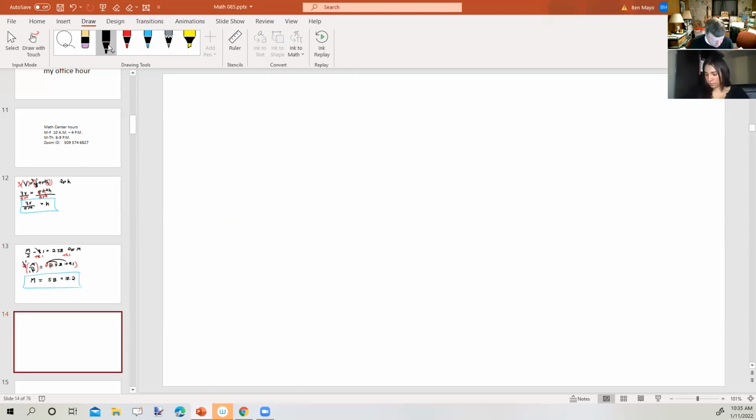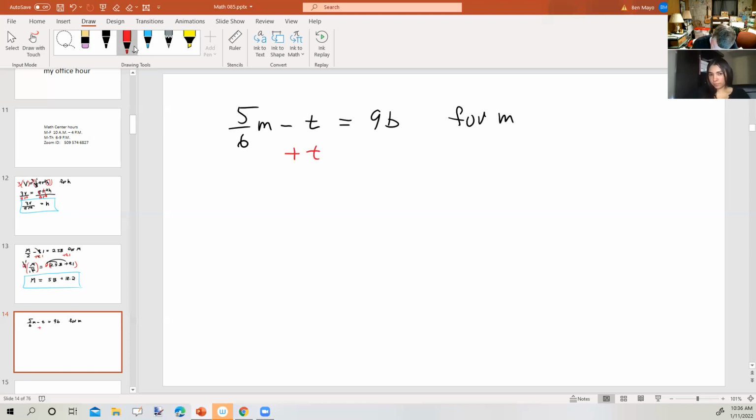Okay, let's see here. This is solve the equation for the specified variable: 5/6 m minus t equals 9b, and we are to solve it for m. The first thing I could do is add t to both sides of the equation.